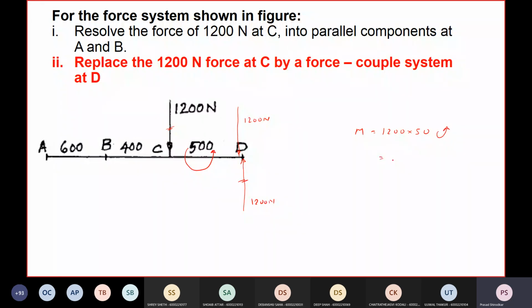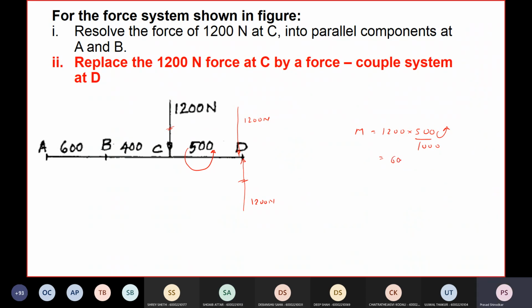So calculate that. How much is that? 6 lakhs. 500. Huh? So let's divide it by 1000. So let's convert this into meter.